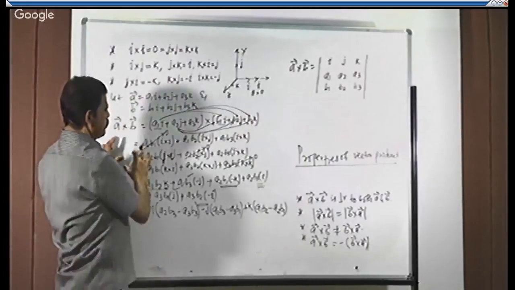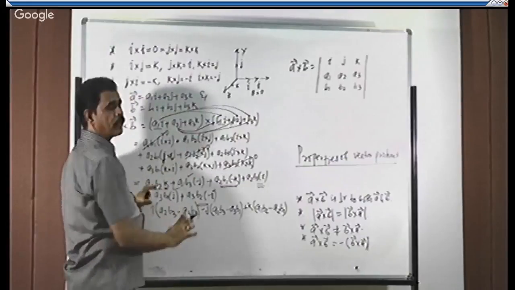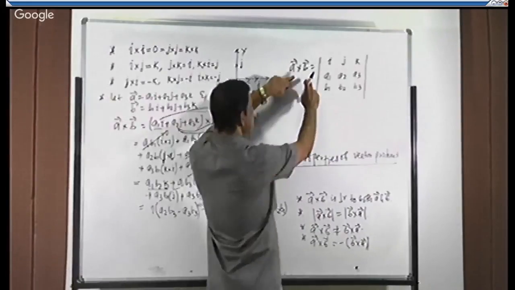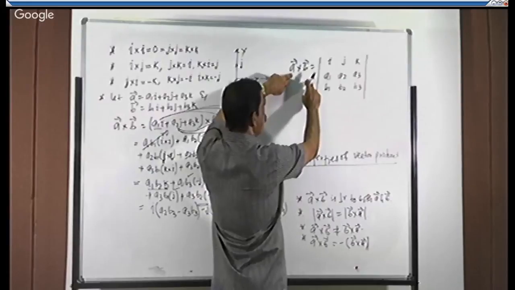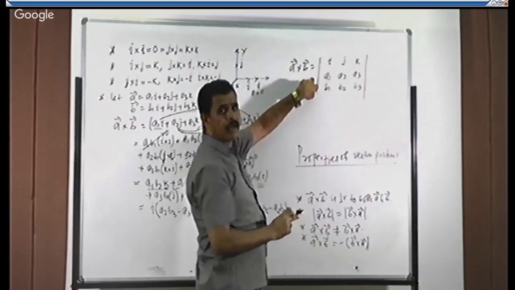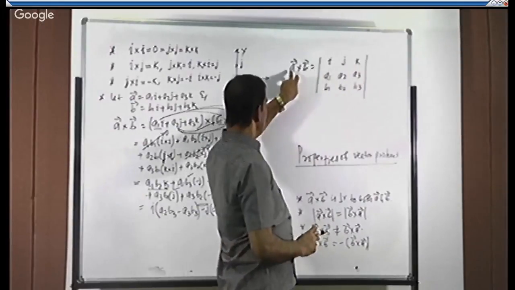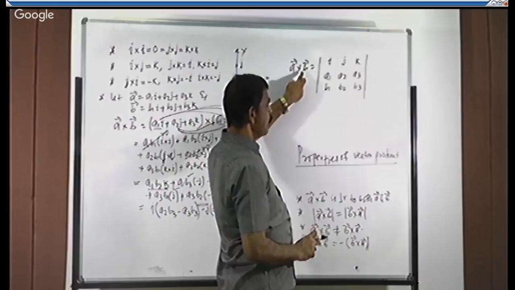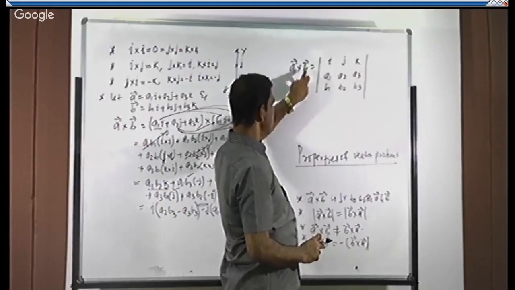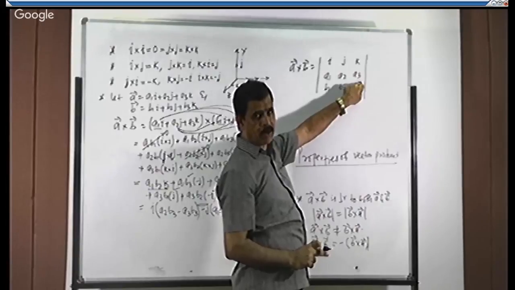Please, this is information I've given you. Don't remember all those things. You just remember it as a formula. That is, A cross B can be found using this determinant form. I, J, K is the first row. We have taken A cross B. In that case, vector A's constants are A1, A2, A3, which are taken as the second row.